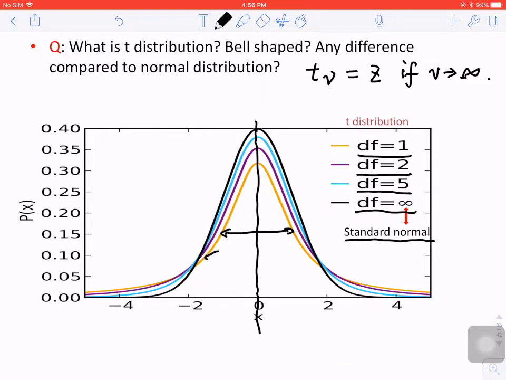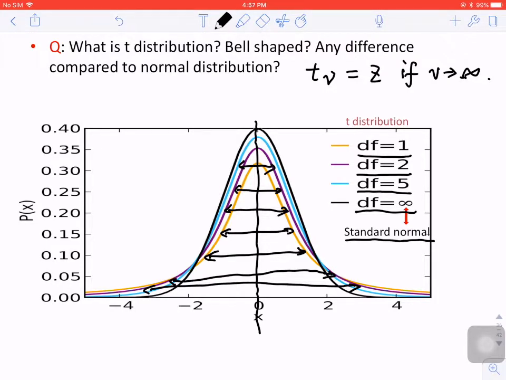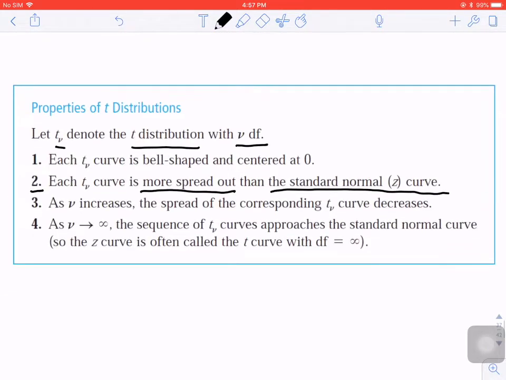So the general width of the yellow curve, or the purple curve, or the blue curve, you can see overall they're wider than the black curve, right? Especially when we go here, it's more spread out.